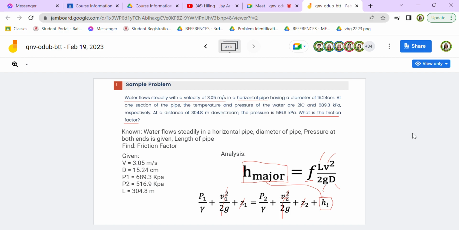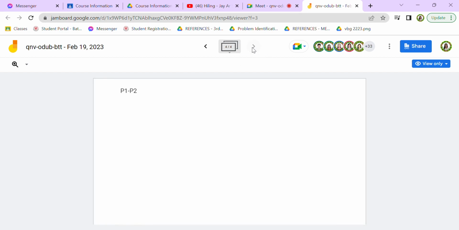So let's move to the next slide. I'll just type it down. So P1 minus P2 divided by the specific weight ng water, kasi water yung medium natin, is equivalent to the head losses. So once na nakuha natin yung value ng head loss, i-substitute lang natin ito dun sa Darcy-Weisbach equation.